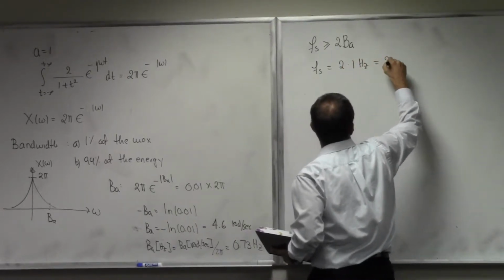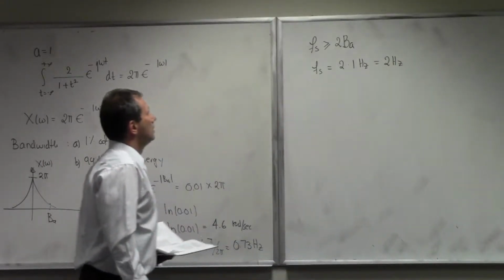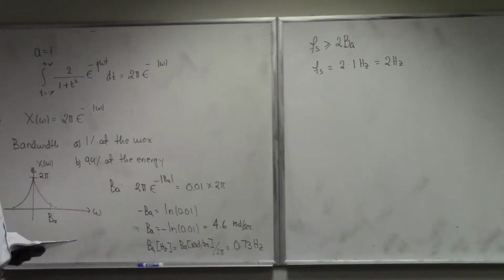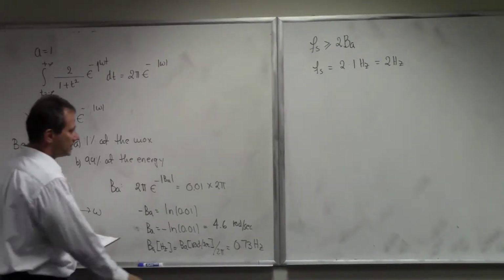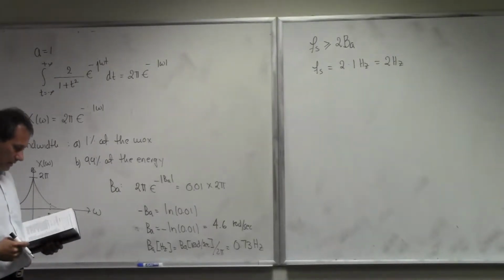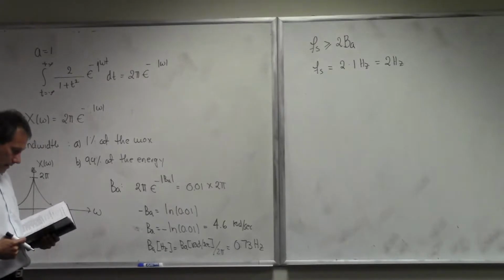So I'm going to sample at 2 hertz. That gives me a little bit of separation, because I'm not sampling at twice the Nyquist, which is about 1.5 hertz, but I'm going to sample at slightly larger. And then for the rest, choose appropriate values and compute the DFT.